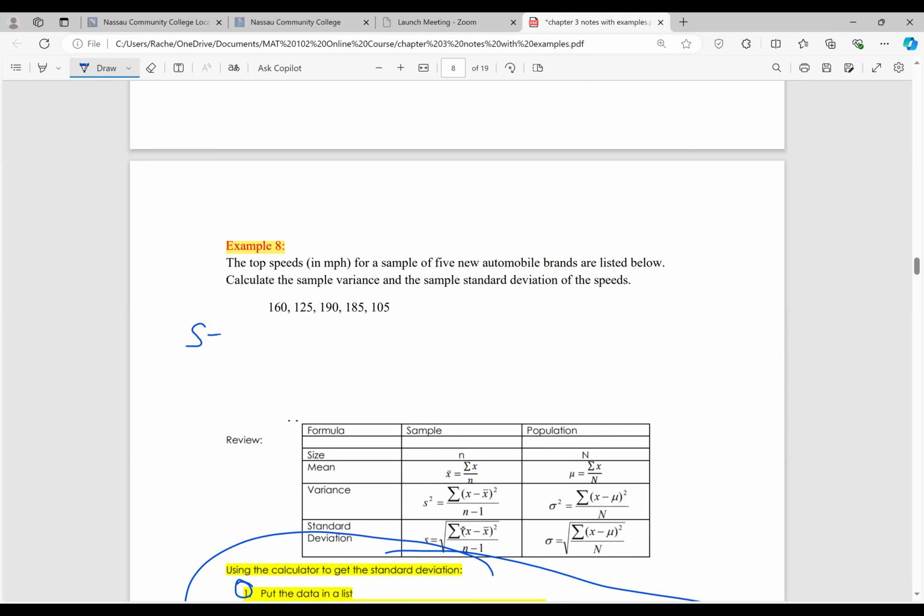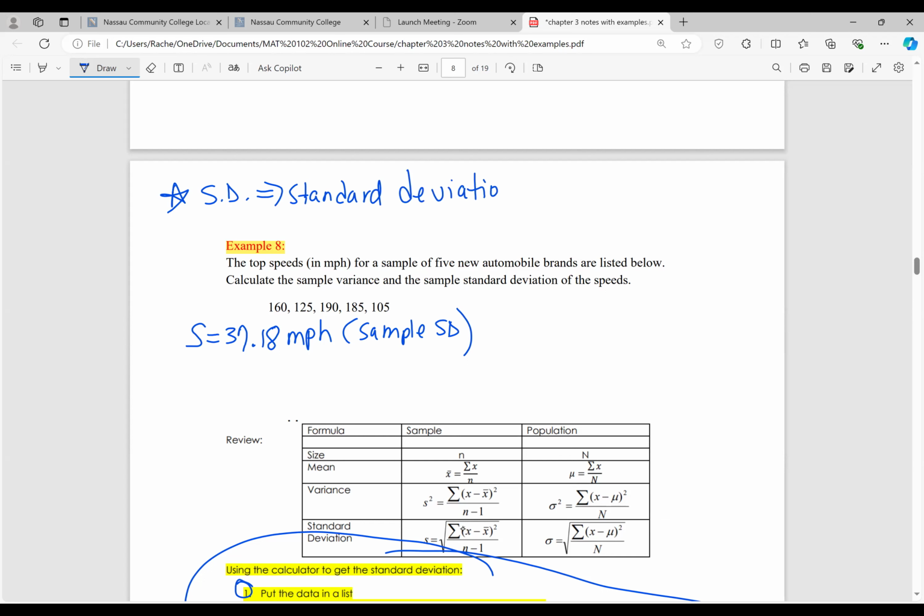So S, which is the sample standard deviation, is equal to 37.18 miles per hour. So that's my sample standard deviation. And I'm just going to make a little note that from now on, when I write SD, this just stands for standard deviation. This way we don't have to write it out every single time.